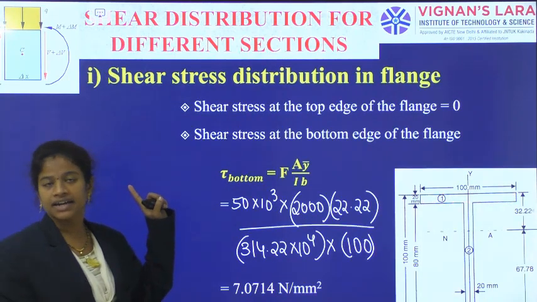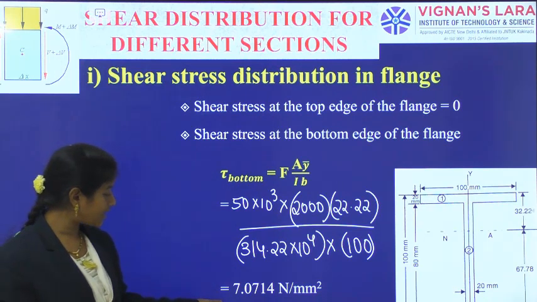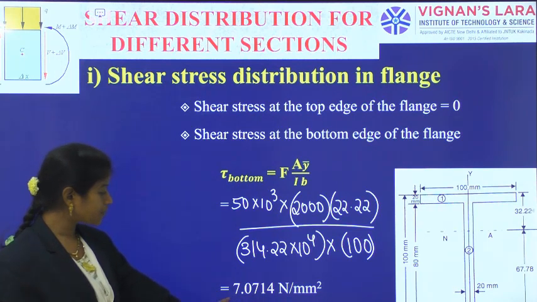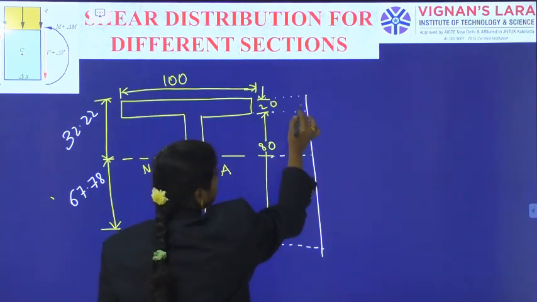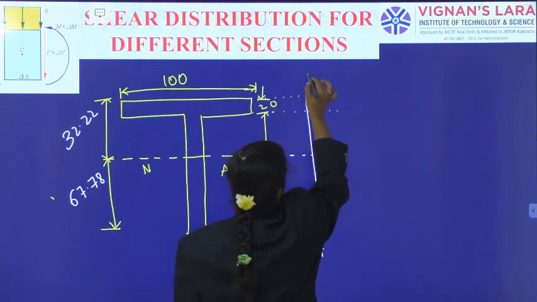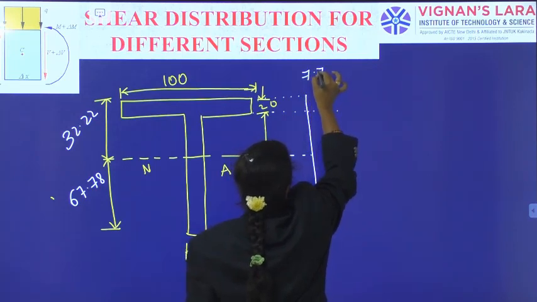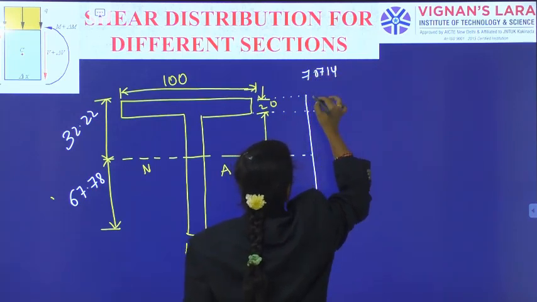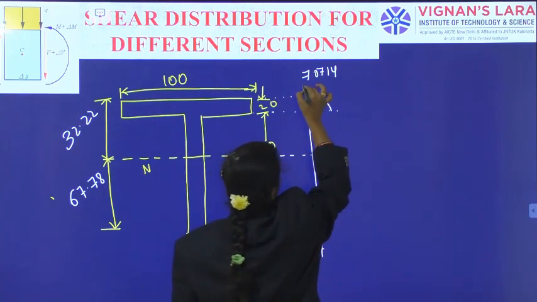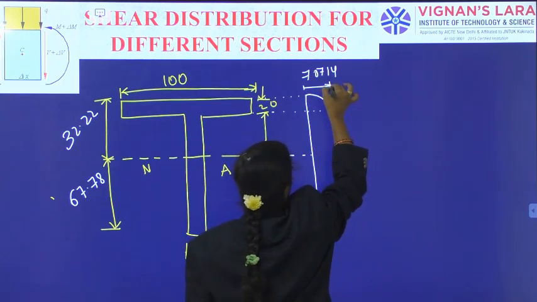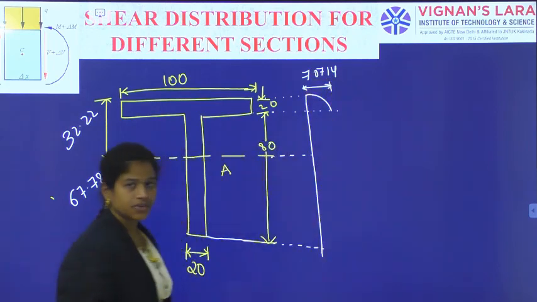Starting at the extreme top edge, it is 0, and at the bottom of the flange it is 7.0714. Connecting these two, I have got the variation. So the measurement here I have observed as 7.0714.